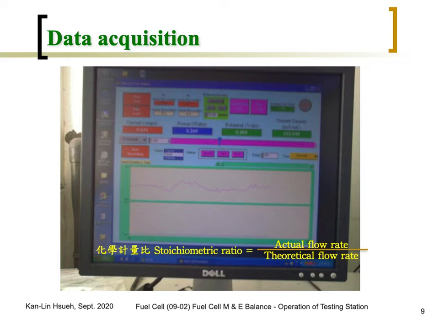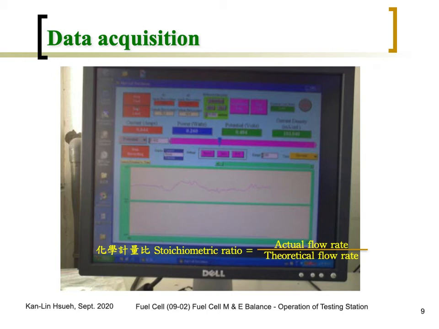That means the actual flow rate versus theoretical flow rate. Usually, this stoichiometric ratio is greater than 1, because we need excess air to go through the cathode side to make sure of the cell performance, especially for the air.